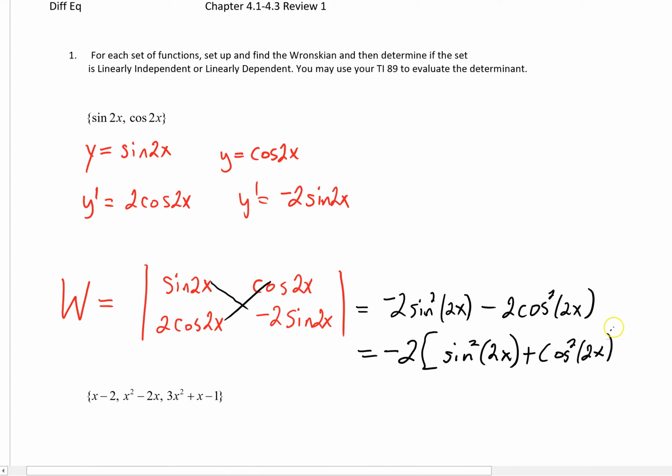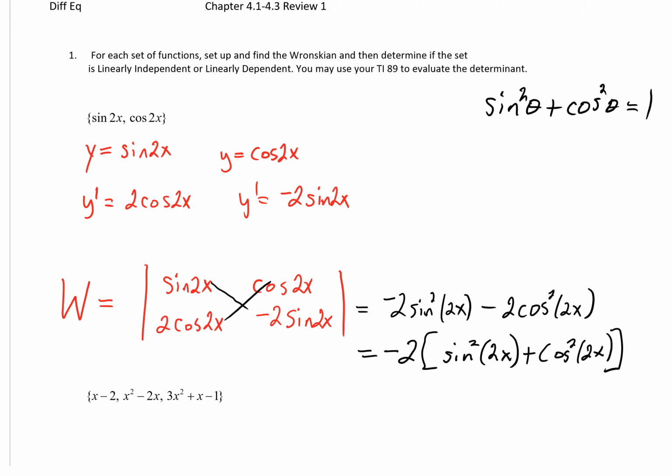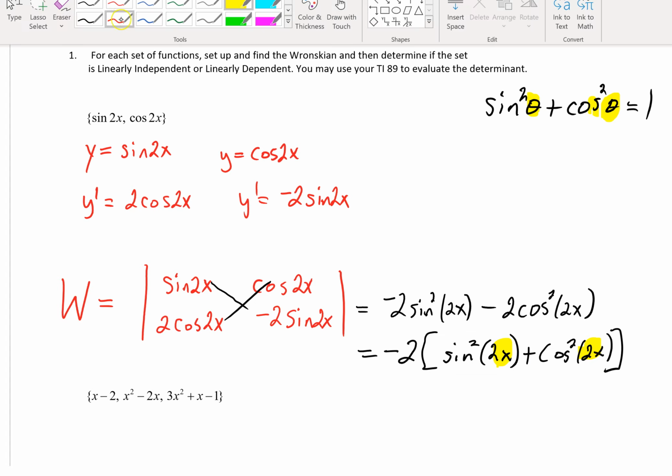And please realize that one of the most basic identities of all, sine squared of theta plus cosine squared of theta, will always equal 1. And I guess what I'm trying to point out to you is, as long as these arguments right here are the same, sine squared plus cosine squared will always equal 1.